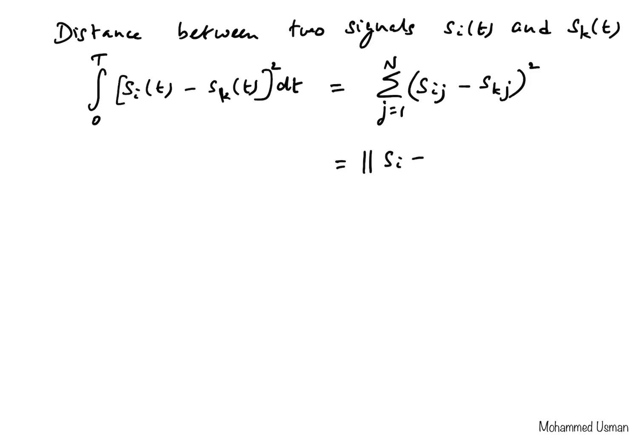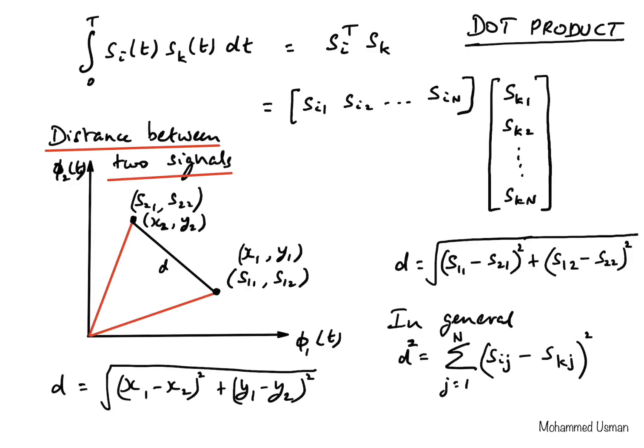So that is norm of Si minus Sk the whole square. It's the square of the norm, and since the norm is the length, the square of the norm is the square of the length. Now we have the norm of the difference of the two signals, so that is nothing but the distance between the two signals, which is d squared. And that is exactly what we have depicted here.